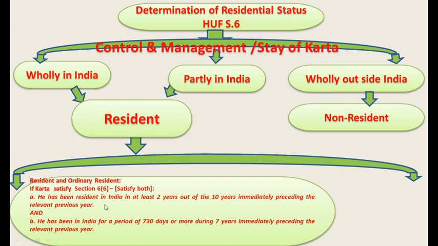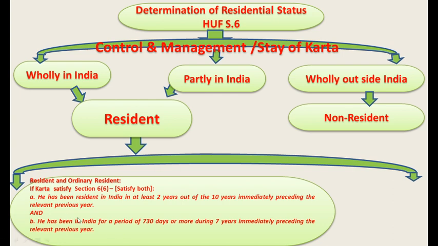The first category, resident and ordinary resident, depends upon the status of the karta of that Hindu undivided family. If the karta satisfies the conditions mentioned in section 6 clause 6 of Income Tax Act 1961, then that Hindu undivided family will be considered a resident and ordinary resident.